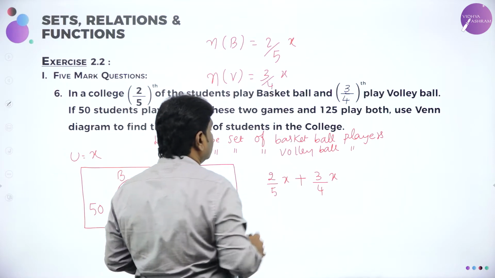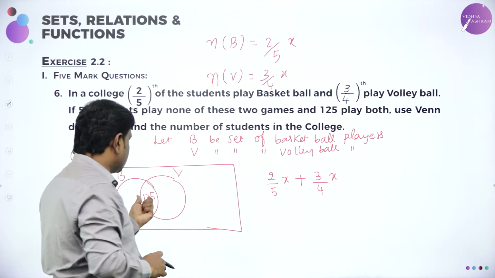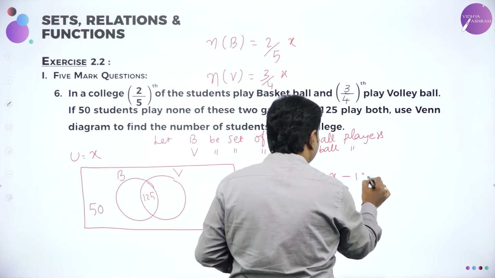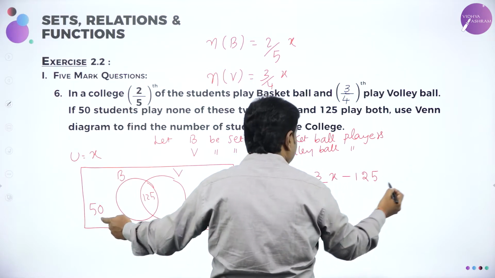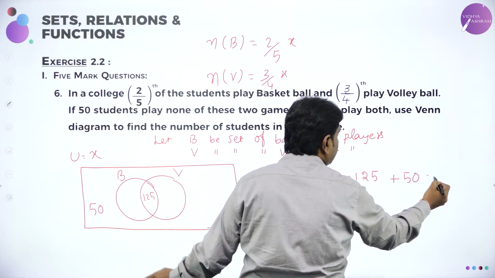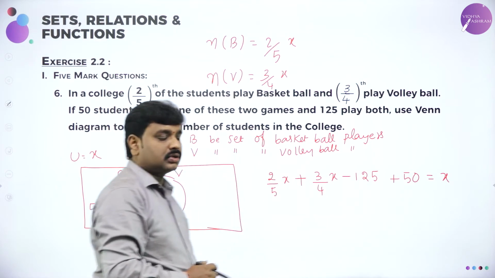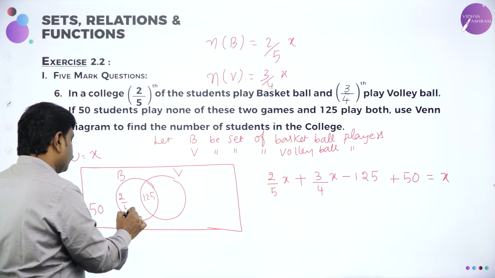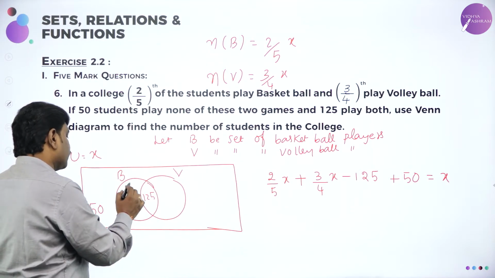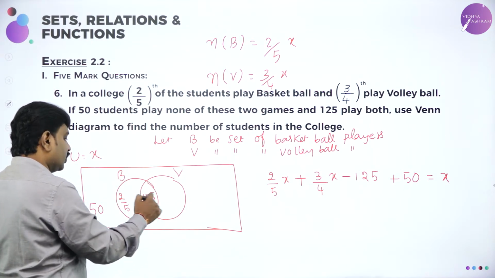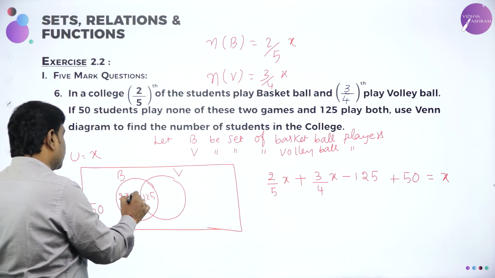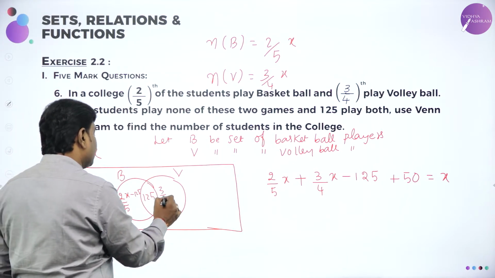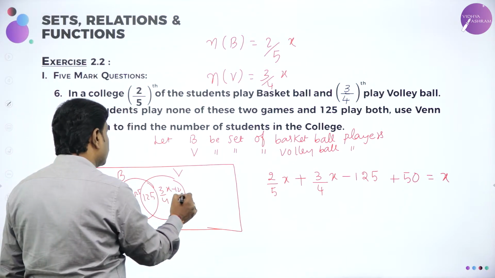So this and this I counted, but this is already present in both, so subtract once, minus 125, plus those outside who do not play, is equal to what? X. So this whole thing is 2/5 of X, 125 plus 2/5 X minus 125, and this is 3/4 X minus 125.